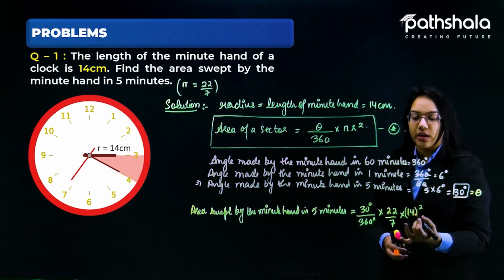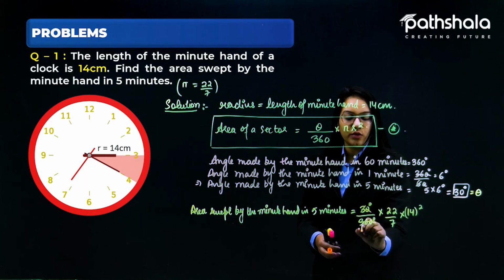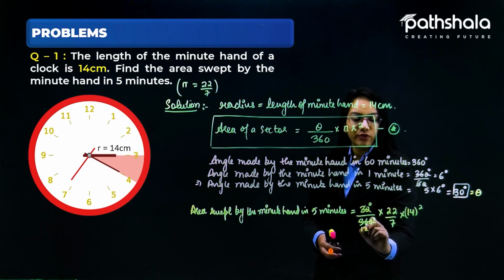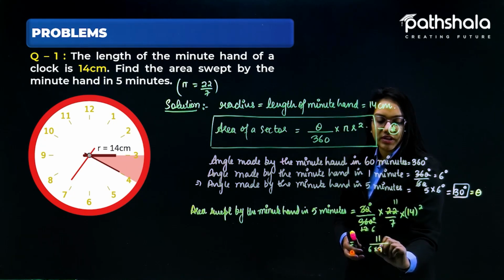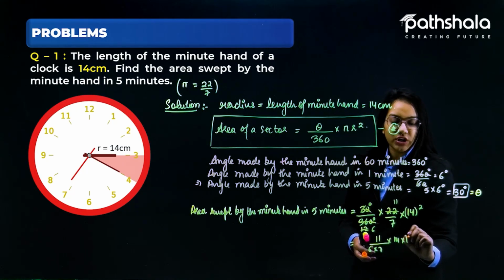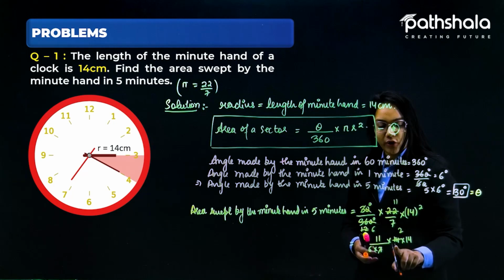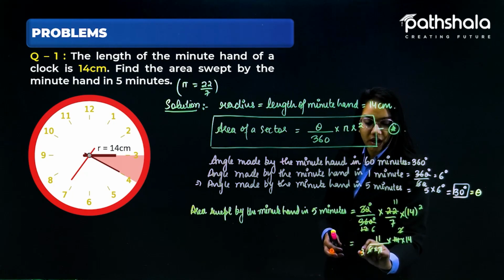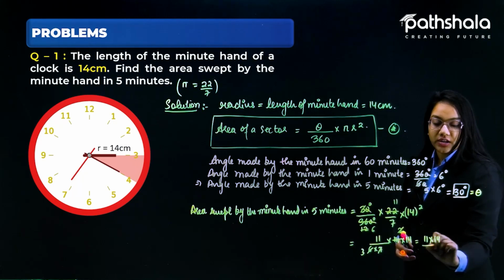Now let's cancel out the values that get cancelled. So it is 3 and 1 and 2, 3, 1 and 2. Further we have 2, 1 and 1, 2 and 6 is 12. So we have 11 divided by 6 into 7 into 14 into 14. Further we have 7 into 2 is 14, and we have 2 into 3. So it comes out to be 11 into 14 divided by 3.